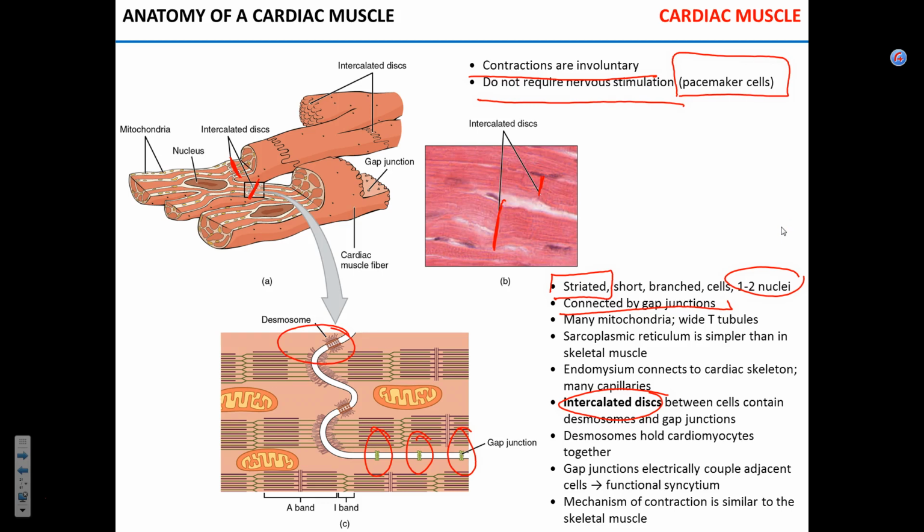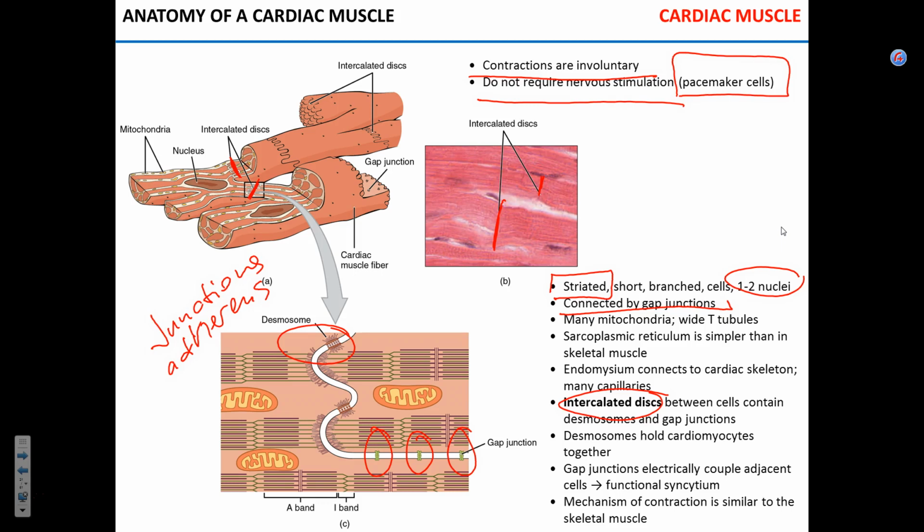Desmosomes are a type of what we call adherens junctions, and their function is to hold cardiomyocytes together. They are kind of elastic, which allows cardiomyocytes to expand and contract, but the communication between cardiomyocytes is established by gap junctions.